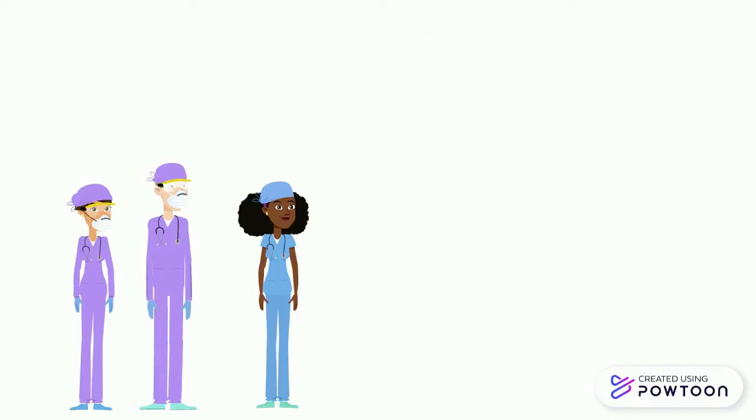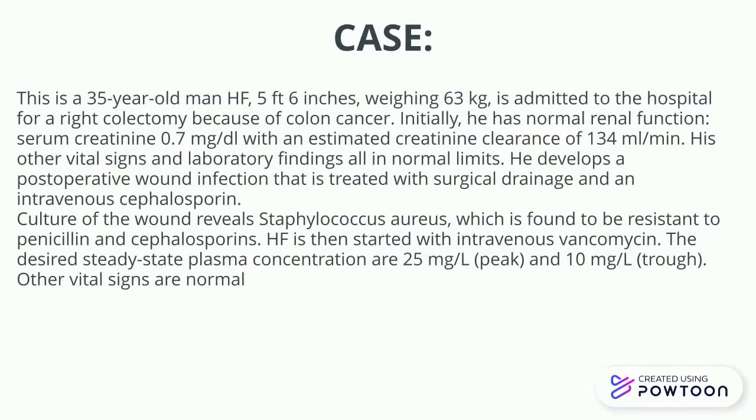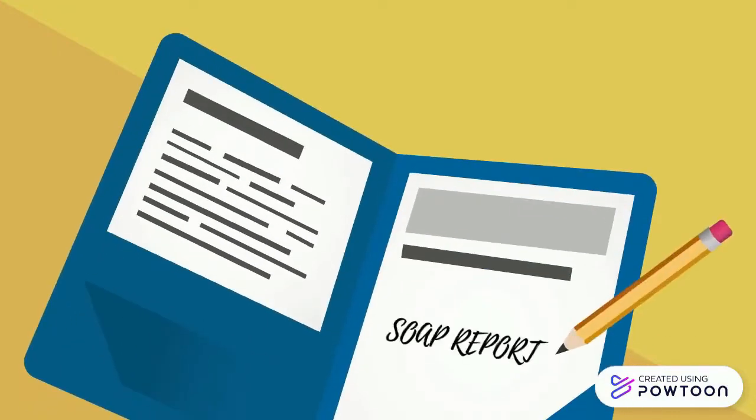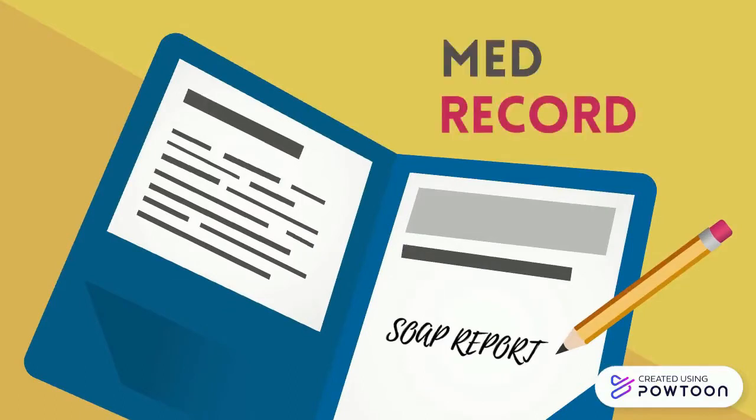What are the best ways to further elaborate on our patient's case than through documenting it in the SOAP format? As we are all aware, a SOAP report functions as a type of documentation to include patients' medical records in a more structured and organized way.